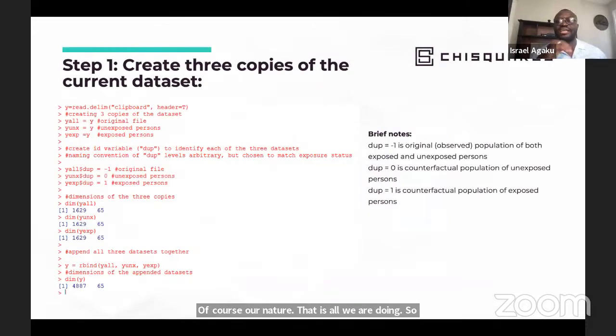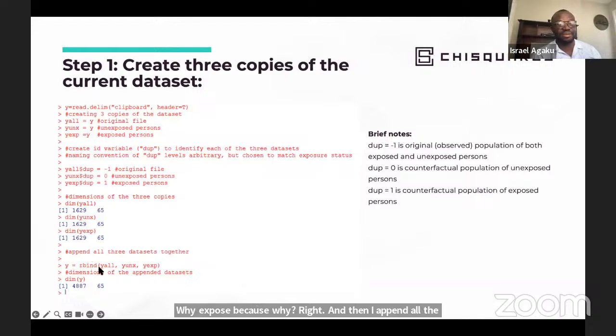So let's look at what I just described in code now. There's code in this slide for Stata and for R. Here I am creating 3 copies of the data set. This is y_all, the original file. So y_unexposed is equal to y_exposed equals y, right? And then I append all 3 data sets together.